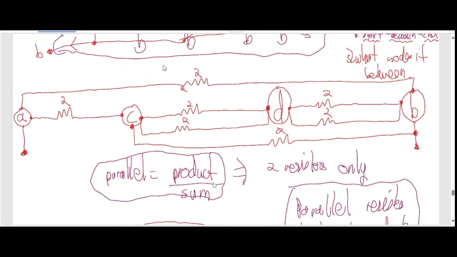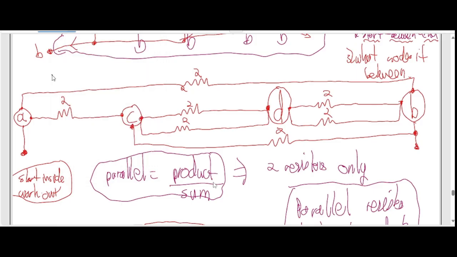But we aren't finished yet. The trick is you start inside and work to the outside. You could do this for homework because it will take time. This here will give you a 1 ohm resistor, and this here will give you a 1 ohm resistor.